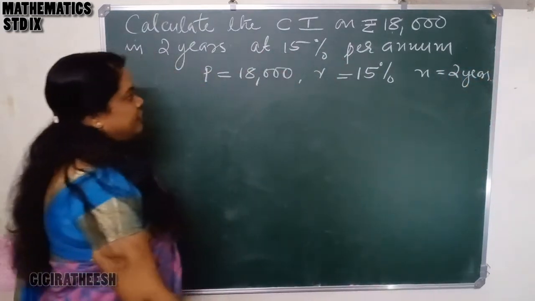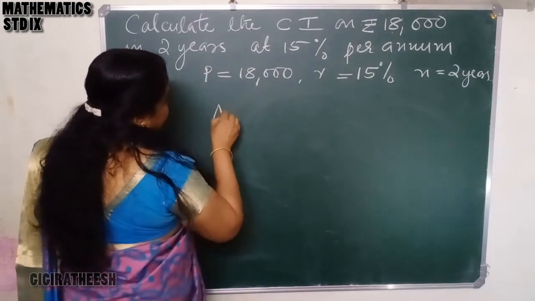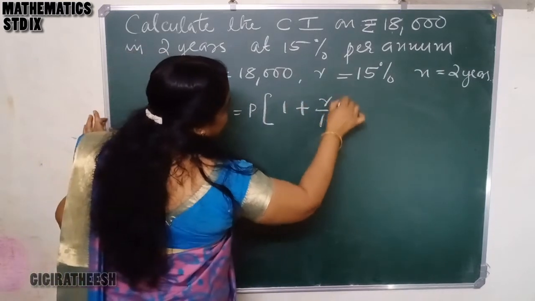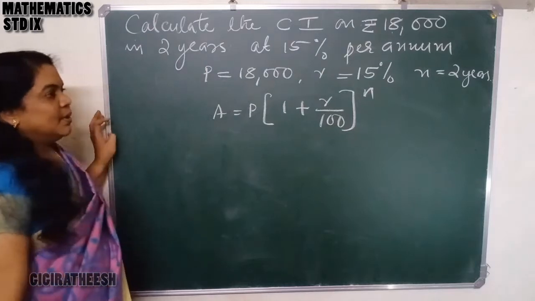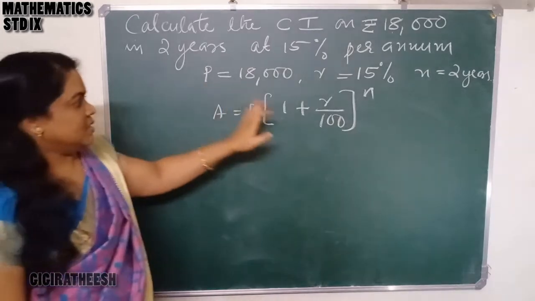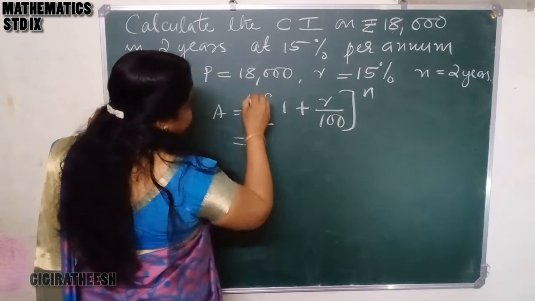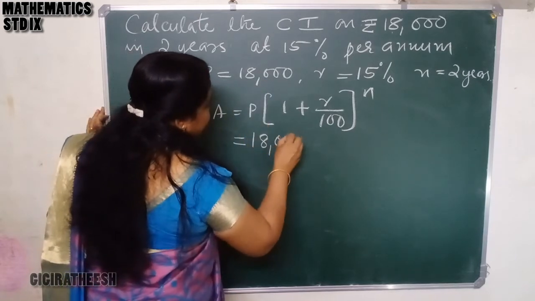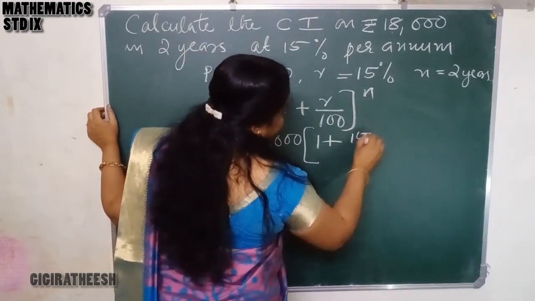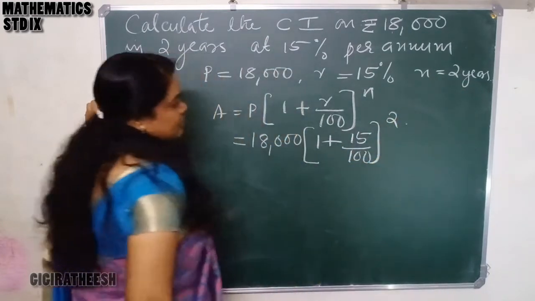What is the formula for finding compound interest? A is equal to P into 1 plus R by 100, the whole raised to N. Substituting these values in the formula, we get P equal to 18,000 into 1 plus 15 by 100, the whole raised to N, which is 2 years.